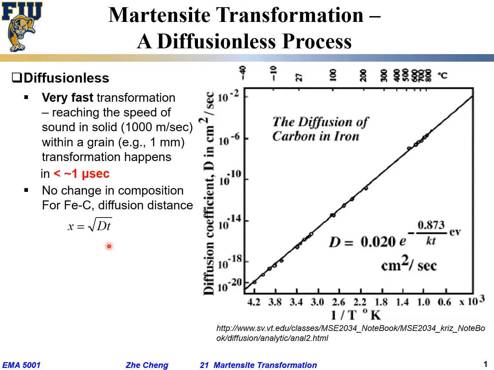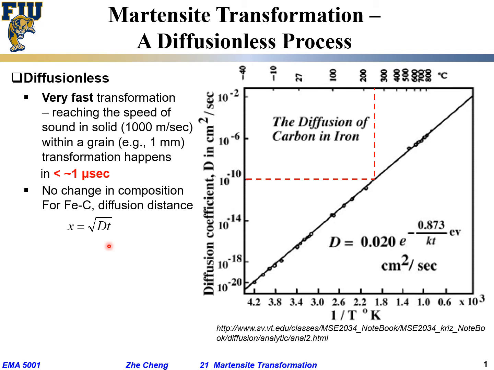If we look at the diffusion coefficient versus temperature curve, and let's look at a number of 10 to the power of -10, right? Which is a very small number. The corresponding temperature would be between 200 to 300 degrees C. That's kind of like when you quench from 700, red hot, to something like 200. You don't have to go to room temperature.